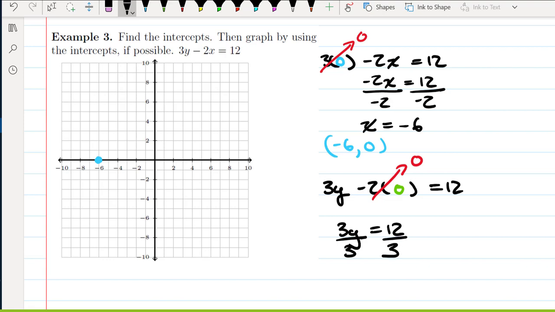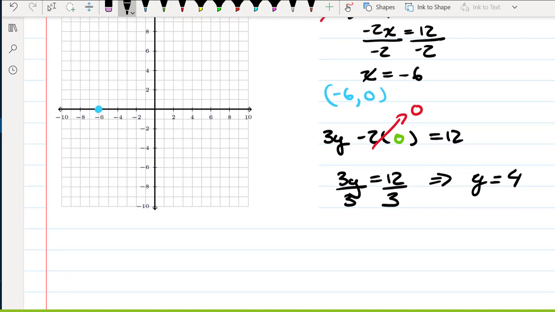Divide by 3, divide by 3, and that gives us that y is equal to 4. So then our ordered pair this time is going to be, well, we picked, oh, not blue, we're doing green this time. We picked x to be 0 and solved for y to be 4.